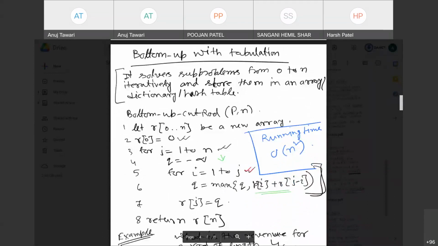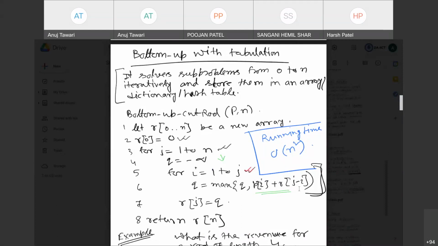So what's the benefit of this? When we wanted to compute Rj, we only needed these particular values, R j minus i for i from 1 to j.